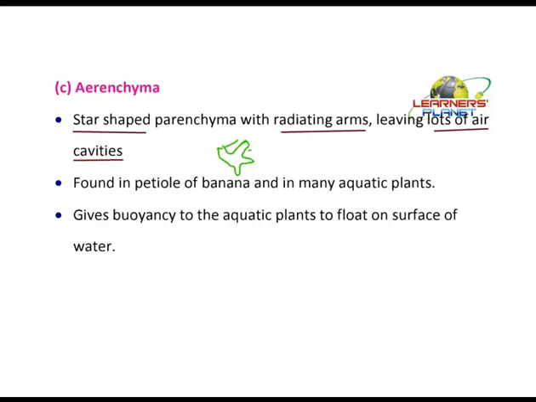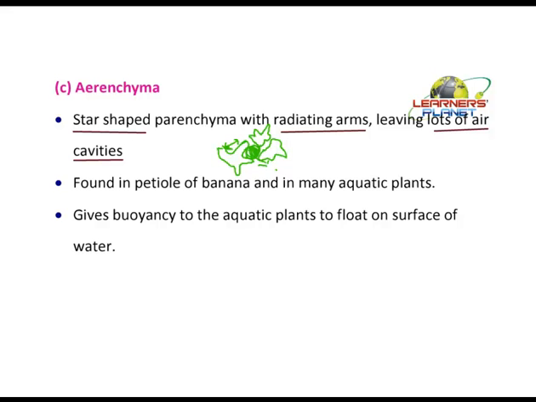So due to this particular arm formation, the intercellular space must increase. Another cell, let us say it is located somewhere here. So the intercellular space between these boundaries should of course increase. Due to which this intercellular space is very high, and therefore we say that these are known as aerenchyma.